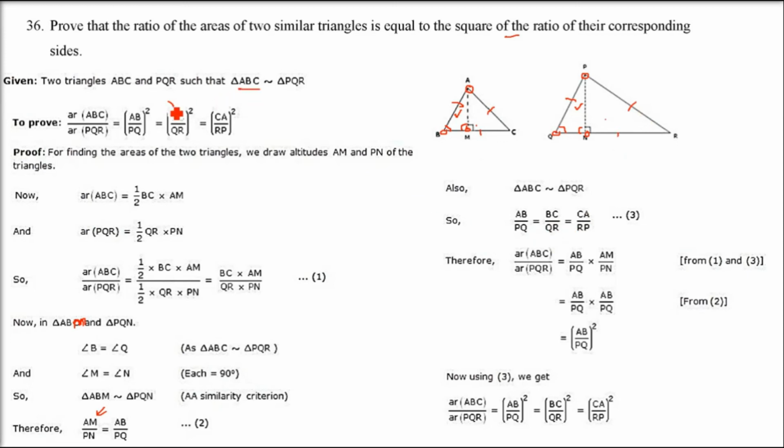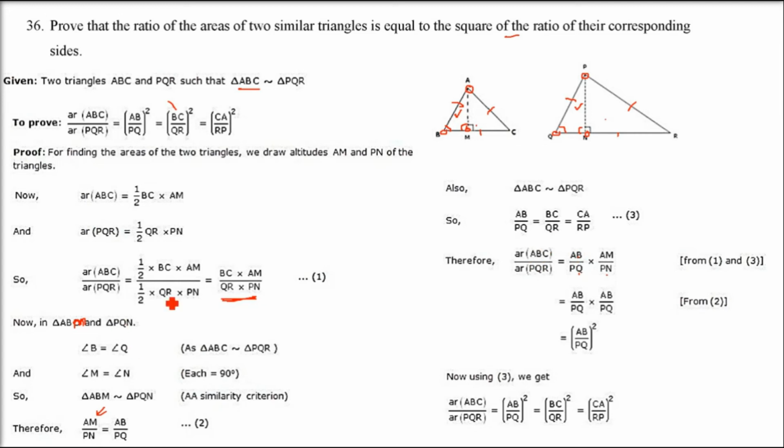We already know this because these two triangles are similar. So now we can just equate them. Now here we have BC by QR, and AM by PN is AB by PQ. But still we are not getting the solution. But AB by PQ is BC by QR. Third equation, you see: AM by PN equals AB by PQ, and AB by PQ is equal to BC by QR.